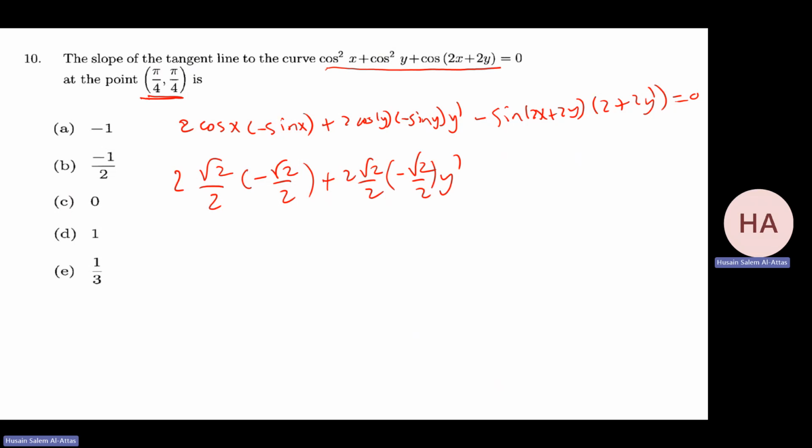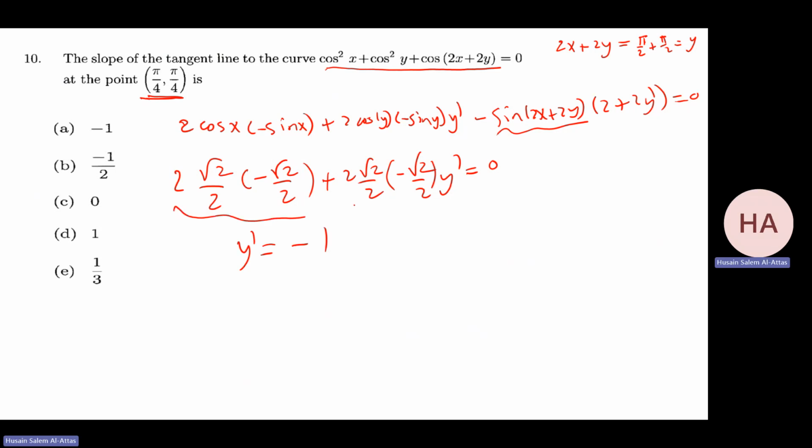This product, minus what? Sine(2x plus 2y). It will be pi over 2 plus pi over 2, which is pi. So sine pi, this is 0. All of this is 0. Sine 0, which is 0. So I have what? y prime would be equal to minus 1.